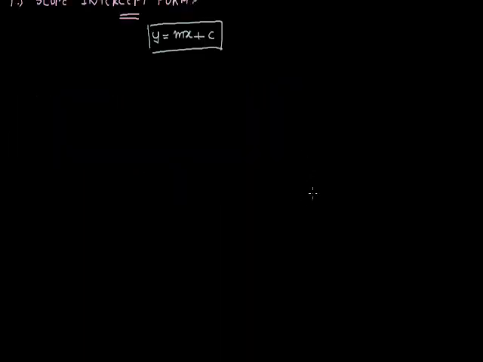Let me first draw a coordinate axis. Let's say this is the x-axis and this is the y-axis. Let's say a line intersects our coordinate axes at points P and Q and makes an angle theta with the positive x direction.